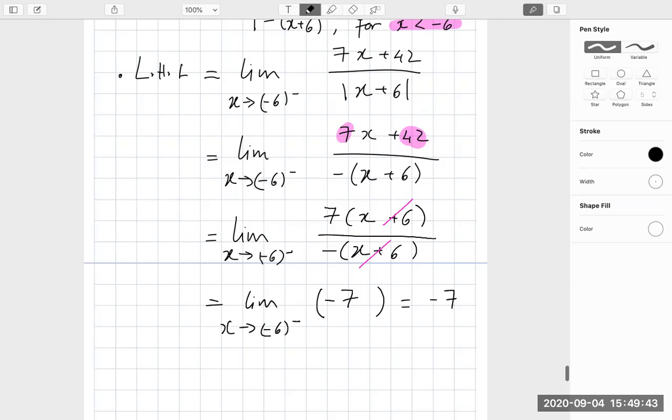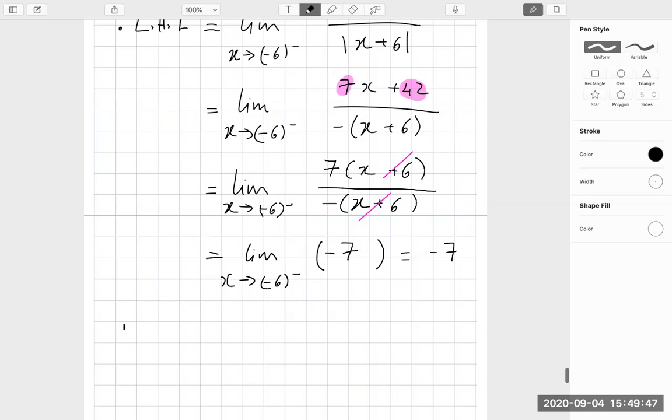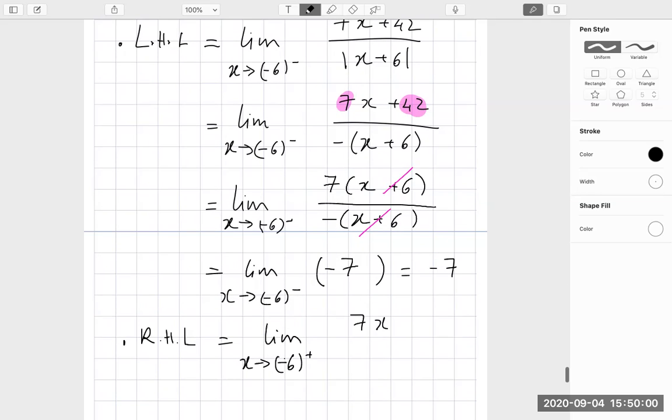Okay. Then another step is we need to compute the right-hand limit of this, which is the limit when x approaches -6 from the right-hand side. And we just rewrite the function.